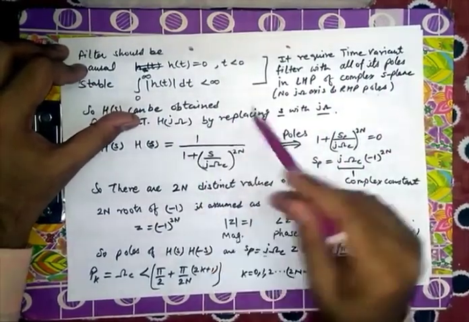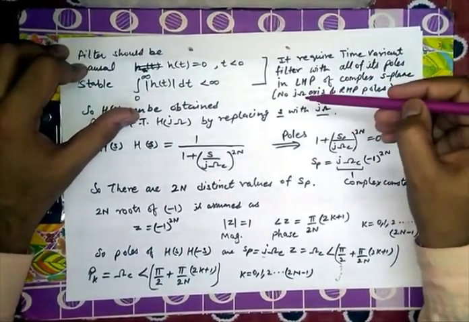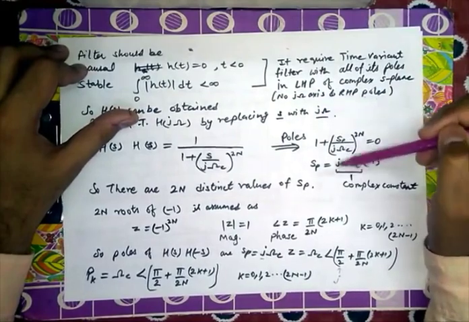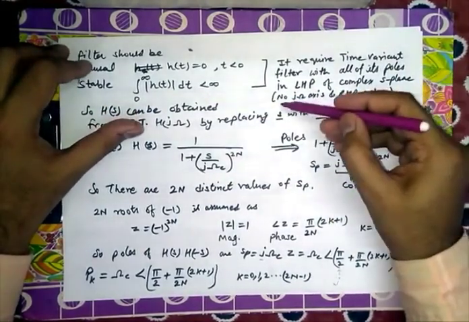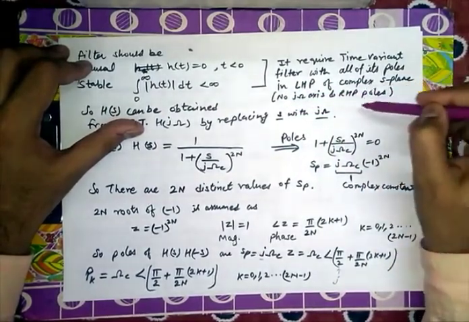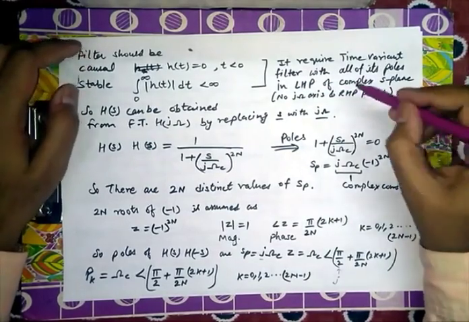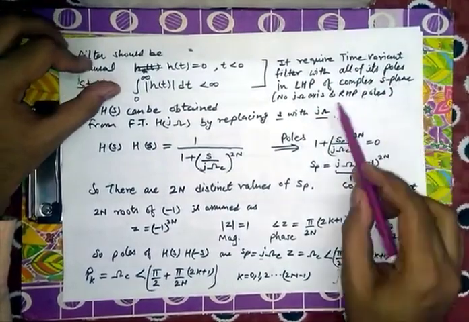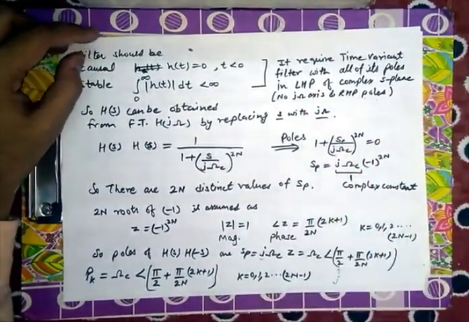So for these two conditions to be fulfilled, all the poles should be in the left half of the S plane of this filter. Then it will be stable, with no poles on the j omega axis and no poles in the right half plane, because that would make it unstable. So there are three conditions: all poles must be in the left half plane, not on the j omega axis, and not in the right half plane.